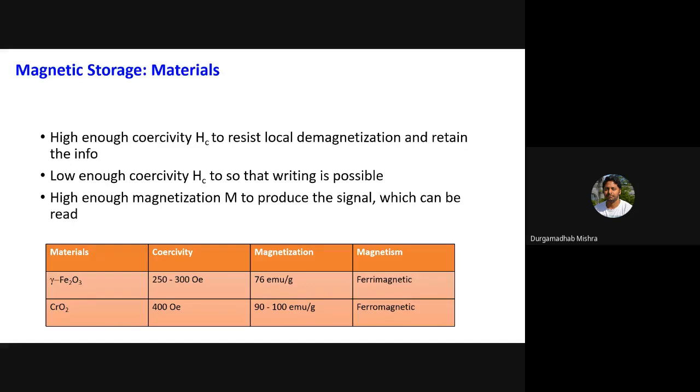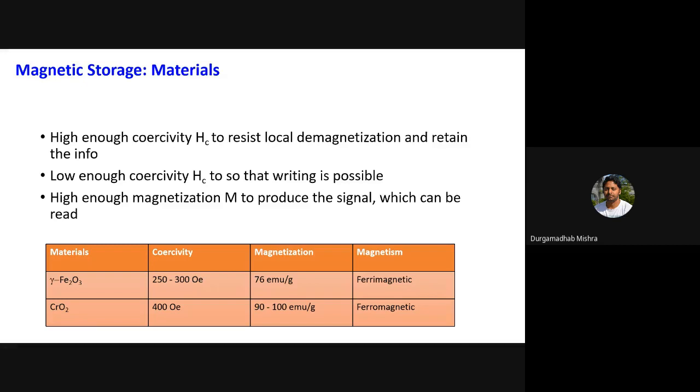Therefore you need a material where the coercivity is higher. But again, it should not be so high that you are not able to write it using an electromagnet, if you need a very high magnetic field to reverse the magnetization.